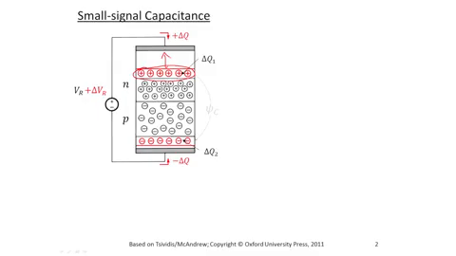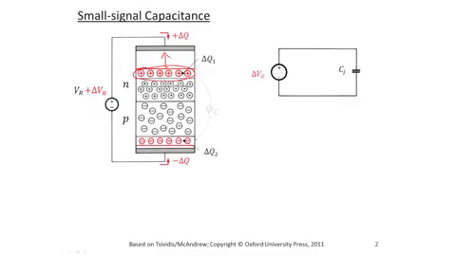Now this is the total picture, talking about total charges and total voltages. If we instead concentrate on the effect of the change in voltage, delta VR, to the change in charges, delta Q and minus delta Q, then we can construct an equivalent circuit, an equivalent capacitance C sub J driven by some voltage.